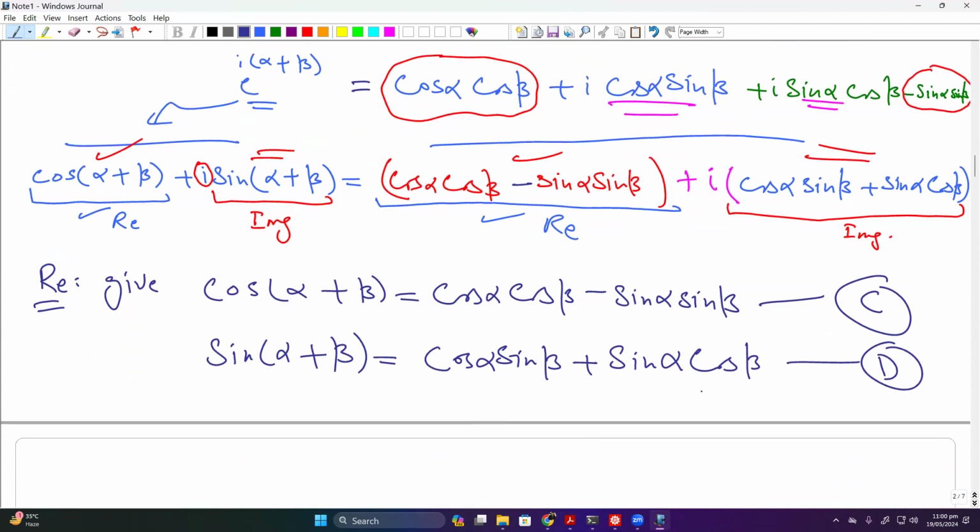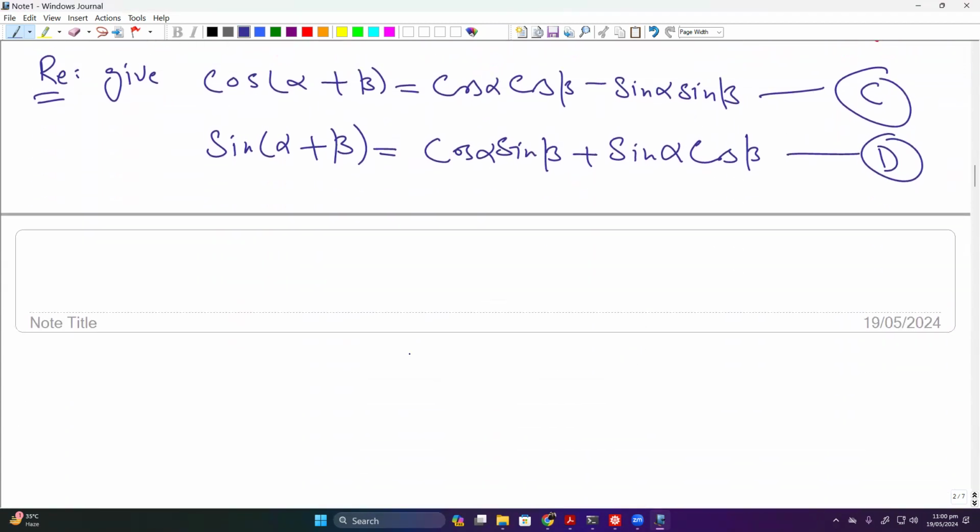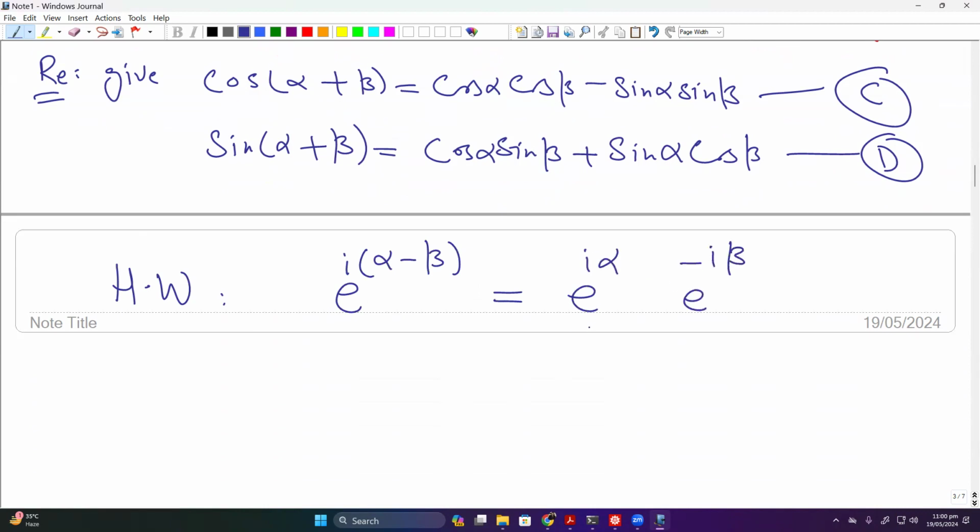So similarly, as a little homework for the readers, if I take alpha minus beta, then I can write it like e to the i alpha into e to the minus i beta. I can use Euler formula here, and I'll get two terms here, two terms here.